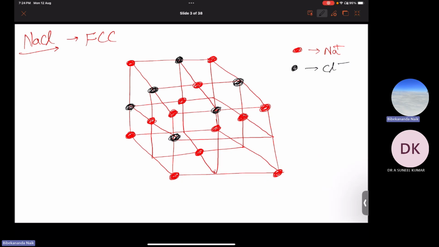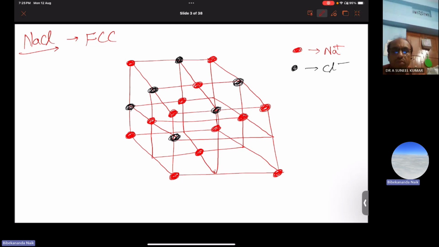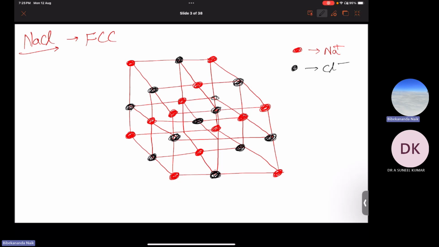I forgot to draw another line here. So one line will be like this, and one will be like this. So it will be somewhat like this.